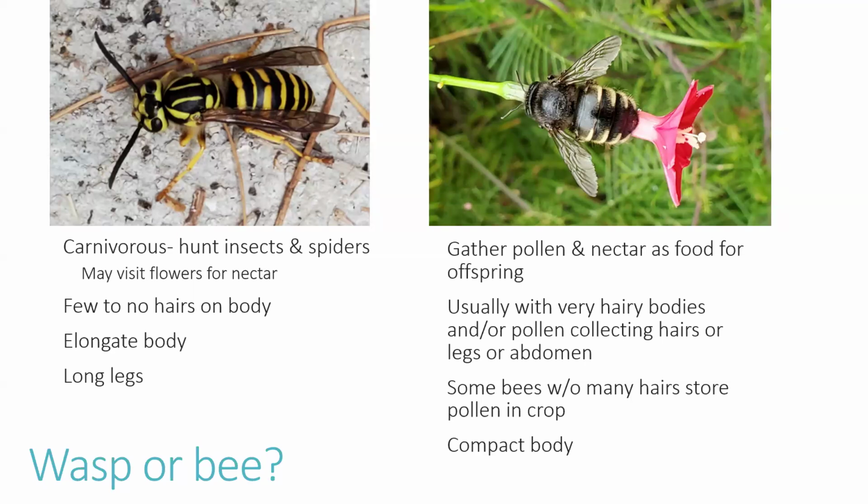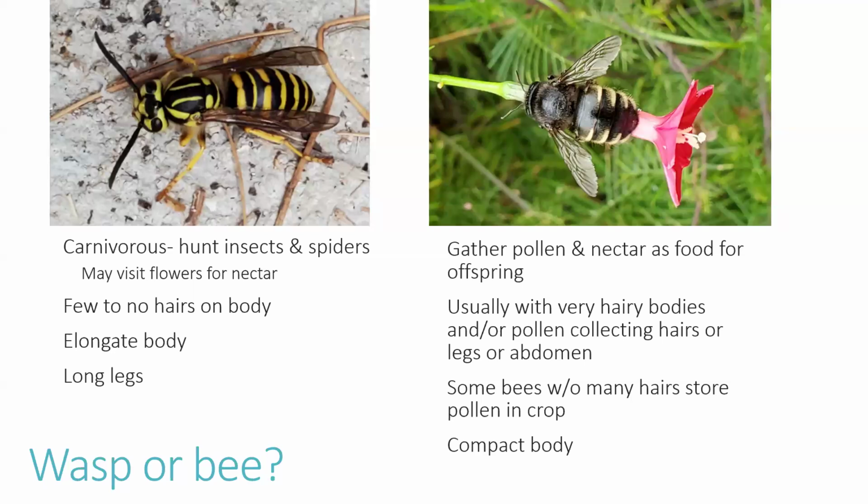So our wasps are going to be the information that you see on the left-hand side of the slide. Our bees are going to be on the right-hand side of the slide. On the left-hand side, that is a southern yellow jacket that you see in the image there. Wasps in general tend to be more elongated in their body shape than bees are.